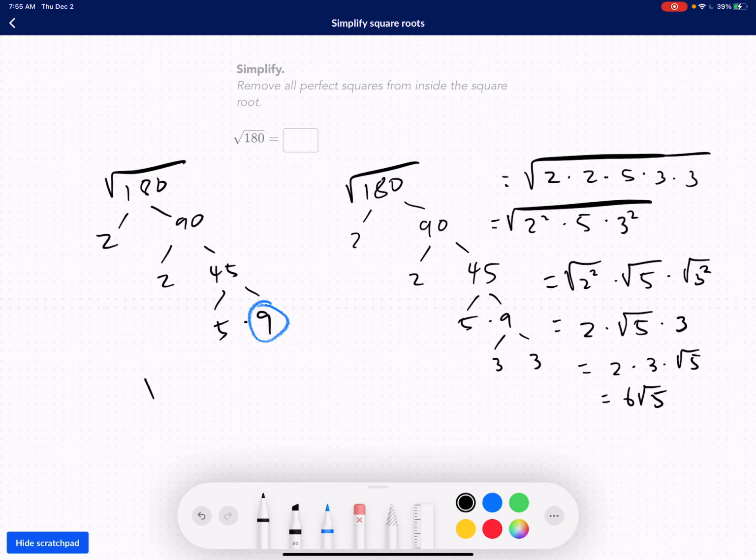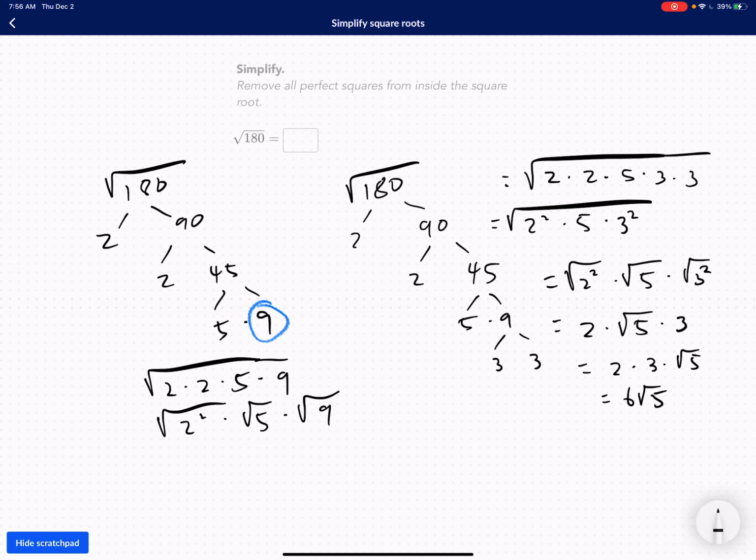Now we could do 2 times 5 times 9, right? And then you could make it a little bit more simple. You could do 2 squared times square root of 5 times square root of 9, right? And as you can see, this is the same thing. 2 times 2 is 2 squared, square root of 5, and square root of 9, right?